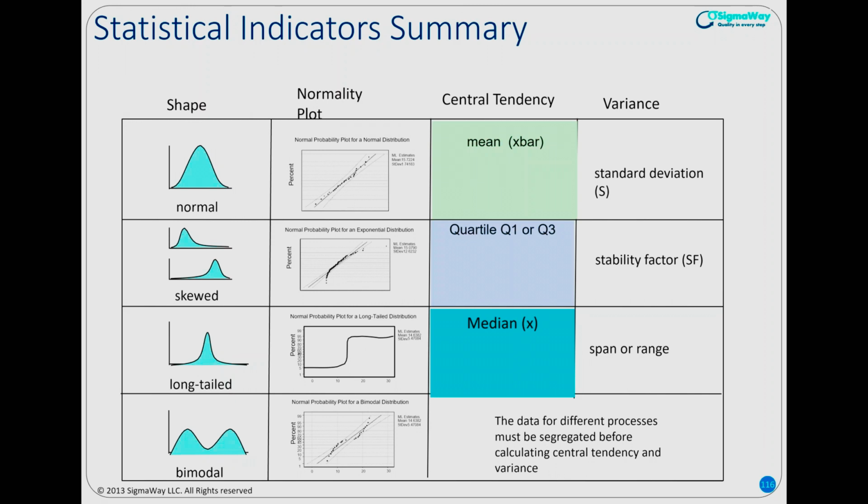It's possible that the data is mixed from evening and morning shifts. It's possible that the data is shipped from two regional headquarters. So you separate out the data, and the chances are that the bimodal data will convert into normal data, and then you can use the mean and standard deviation for calculating the central tendency and the variance.